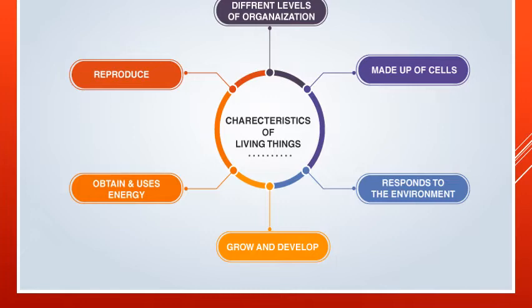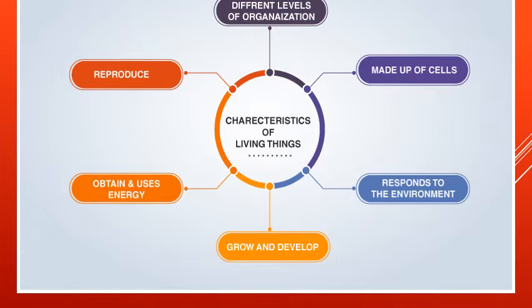You can see in this slide, many characteristics are given. Living things can grow and develop. They can obtain and use energy, that is the respiration. They eat food. They reproduce, they make copies of their own kind. They respond to the stimuli, they respond to the environment.